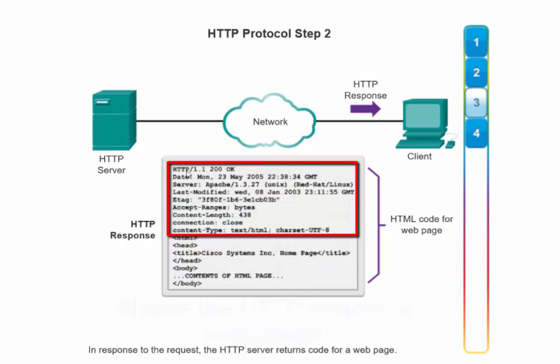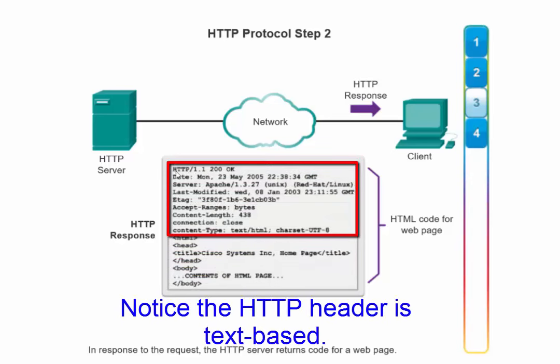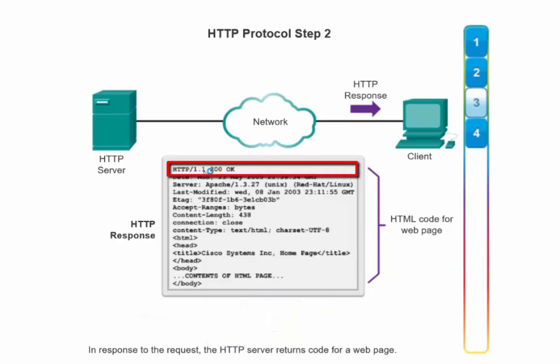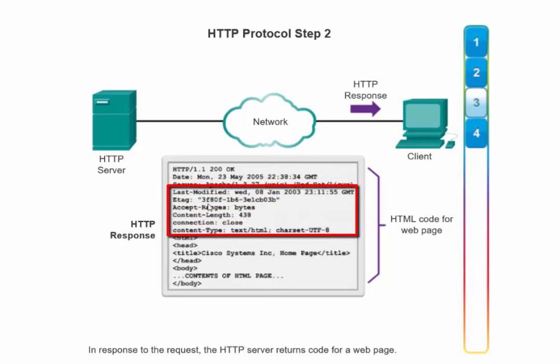The header is an HTTP header which contains a response like HTTP 1.1, where 1.1 here is the version, and 200 OK. 200 OK means that the message code is OK, and I have this page, and I have everything working fine. And then there is the date, and the server type, whether it's Apache or any other type of web server, and some metadata that gets sent as part of the response.